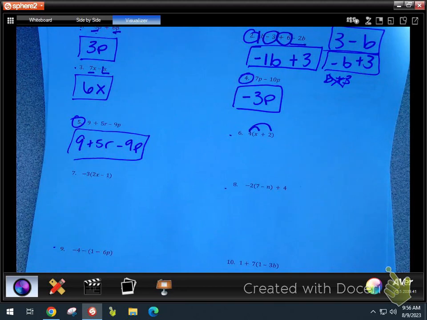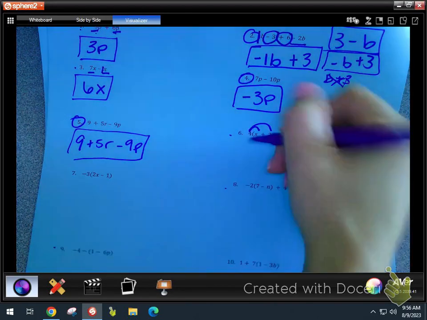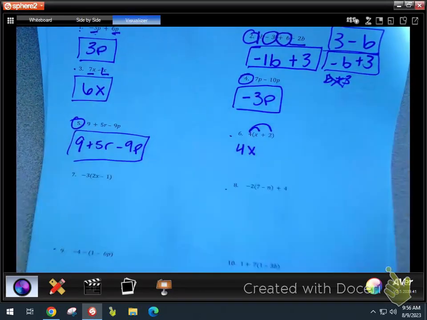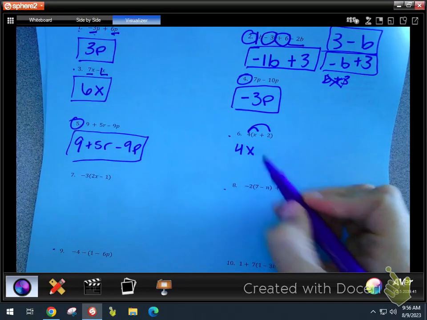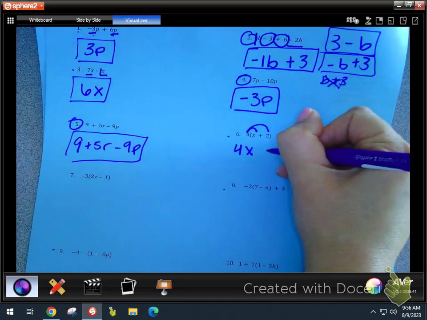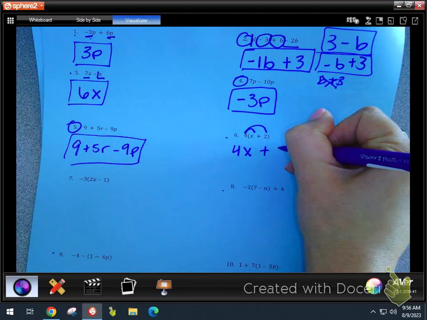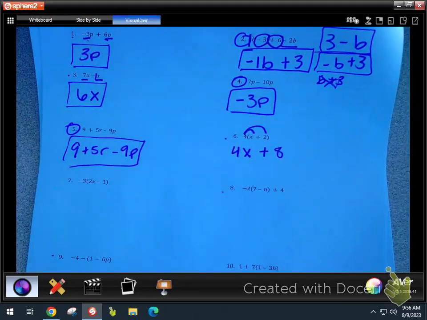Distributing means we multiply. What is 4 times x? 4x. Very good. Then I distribute 4 times positive 2. What is 4 times positive 2? 8. Is there an x on it? No. Are we done? Yep. We've got something with an x and a constant. Can't combine those. Finish.